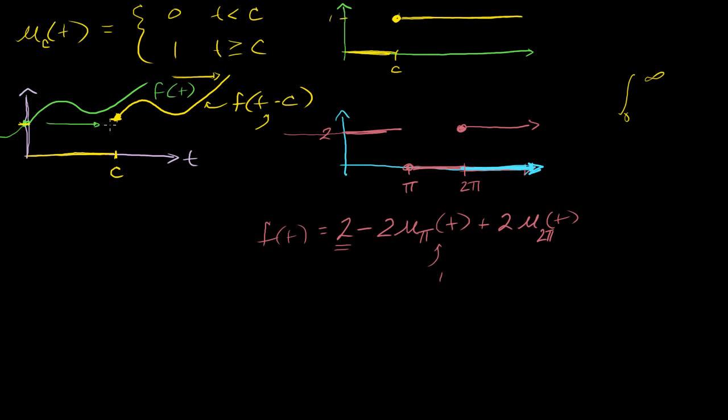If we go one more above c, to this point, then if t is c plus 1, you put in c plus 1 minus c, and you just have f of 1. And f of 1 is really just this point right here. So as we move 1 forward here, we're at the same function value as we were there. So the shift works.